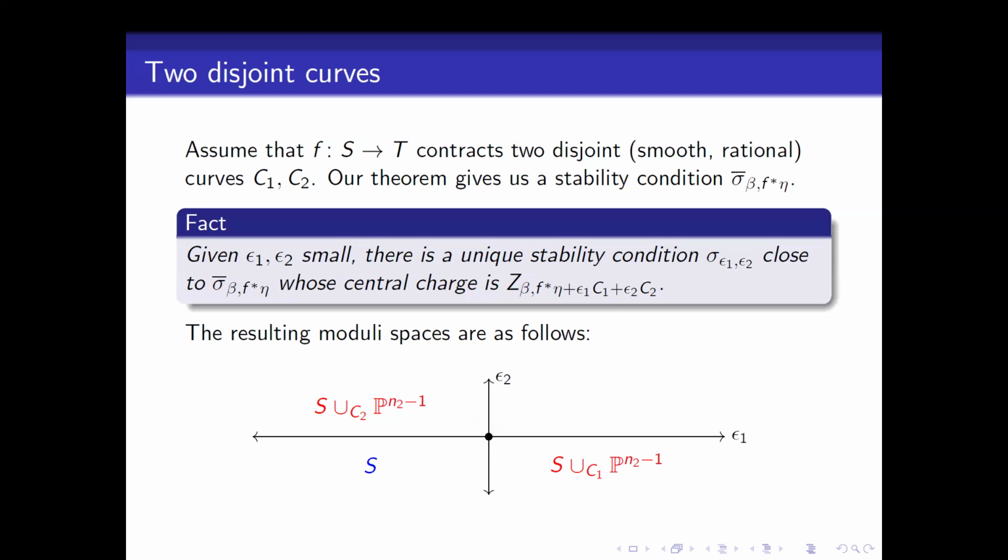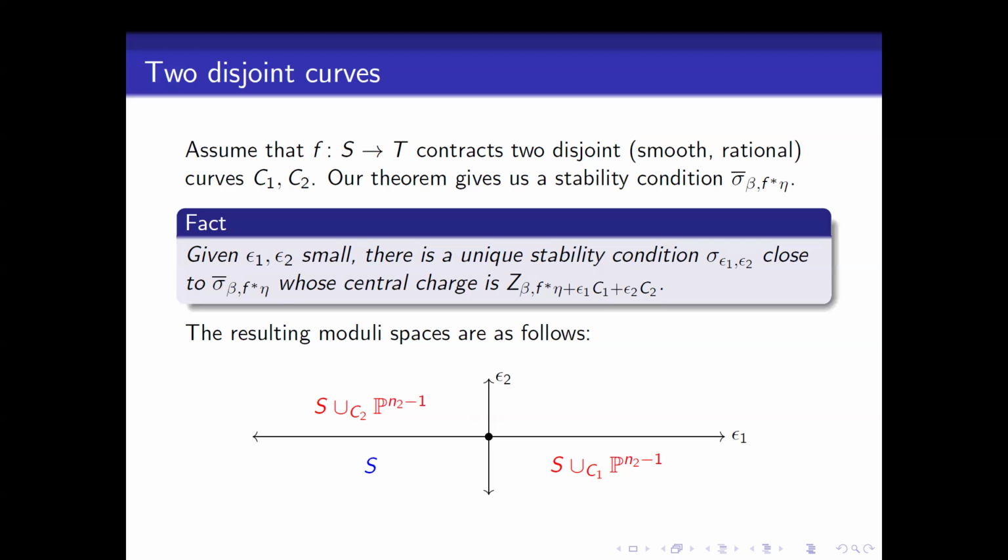The moduli space that you get after wall crossing has this two-dimensional component, S, and this N2 minus one-dimensional component, where N2 is, sorry, minus the self-intersection of the curve C2. So you have a priori two components of different dimension, glued as follows. The curve C1 that is contained in S is glued as a rational normal curve in this P^(n1 minus 1).